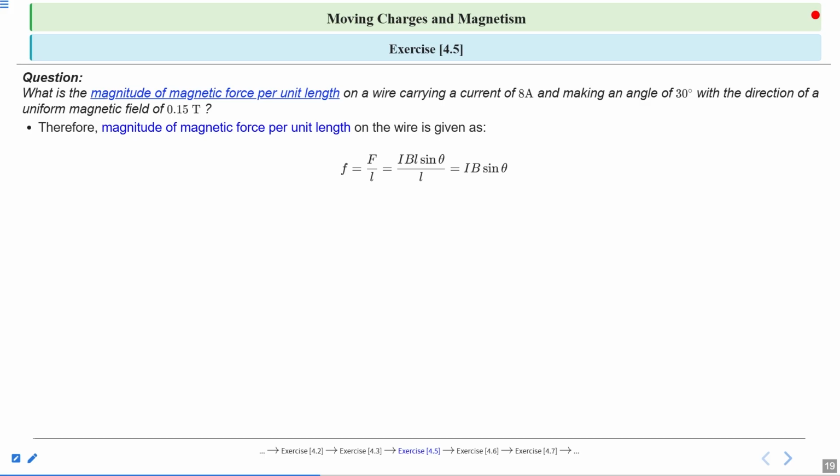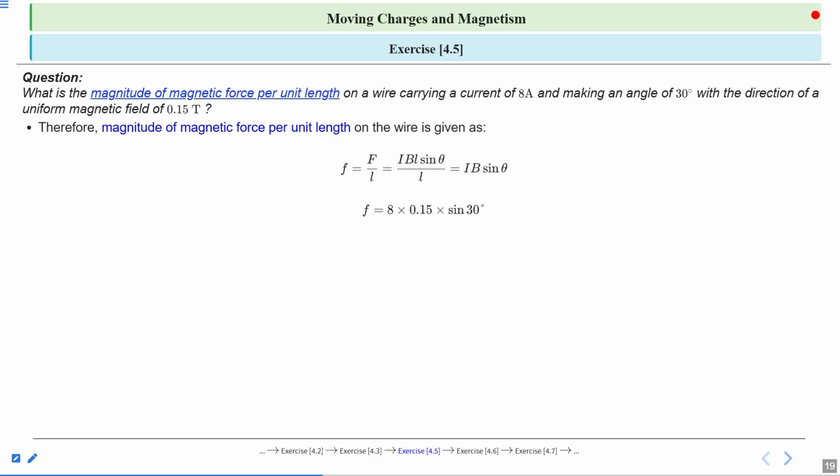Therefore, the magnitude of magnetic force per unit length of the wire is given by, this is the magnetic force on the whole conductor, so per unit length is capital F upon L, which is I B L sine theta upon L, which will result in I B sine theta.